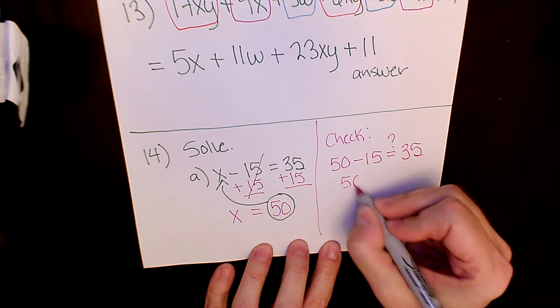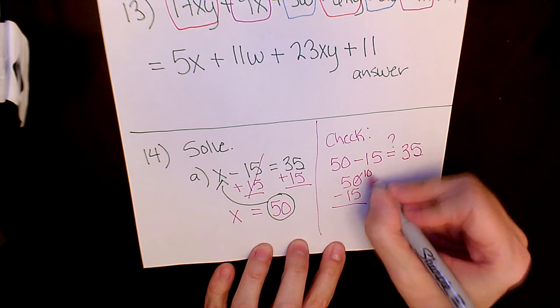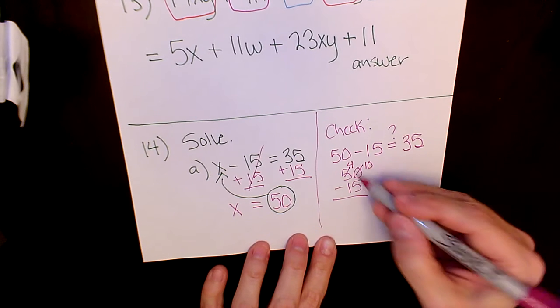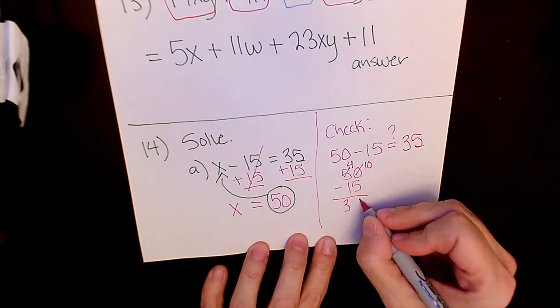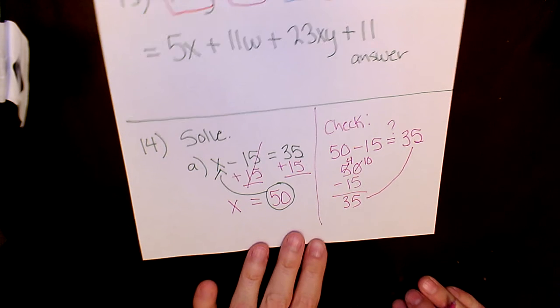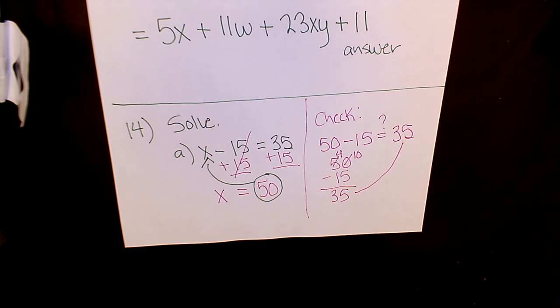And I believe it does. Make that a 4. So this is 35. So we know it checks. So we're good.